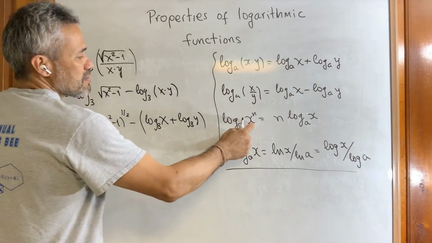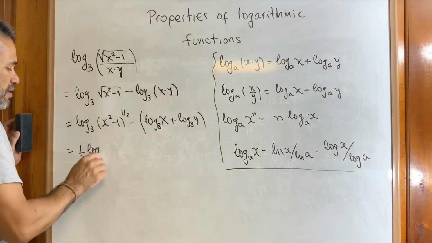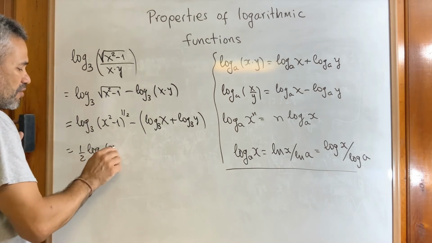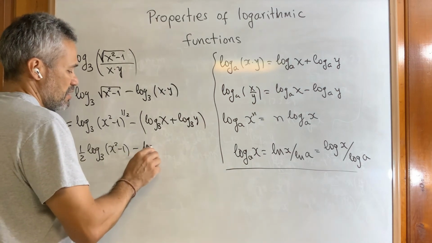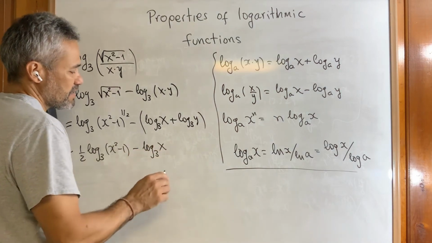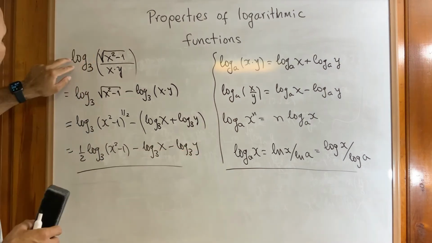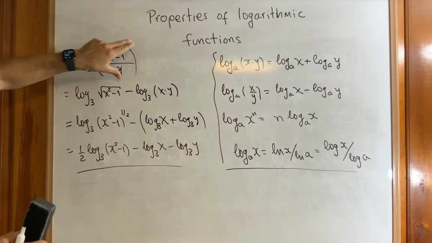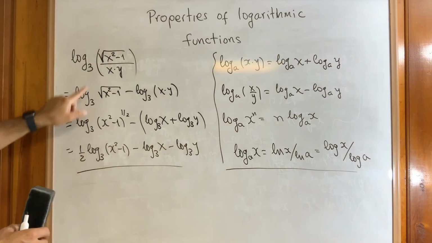Now I use this property, and I get that this is 1/2 log in base 3 of x squared minus 1 minus log in base 3 of x minus log in base 3 of y. And this is how we write this log of a single thing as a linear combination of logs.